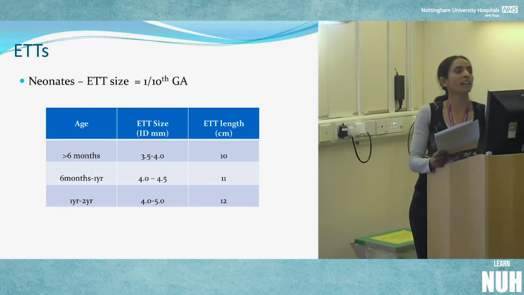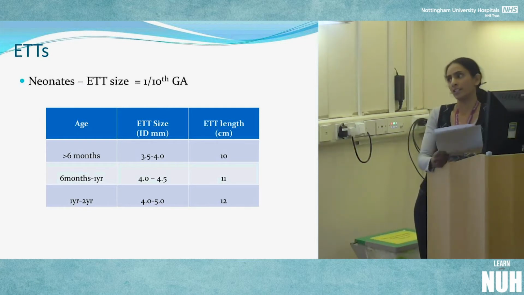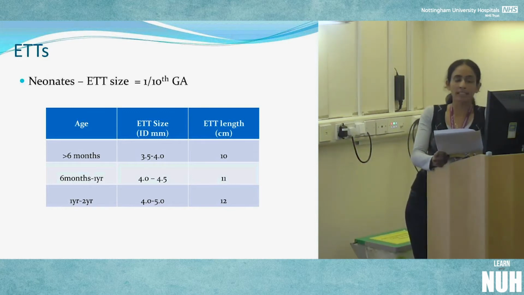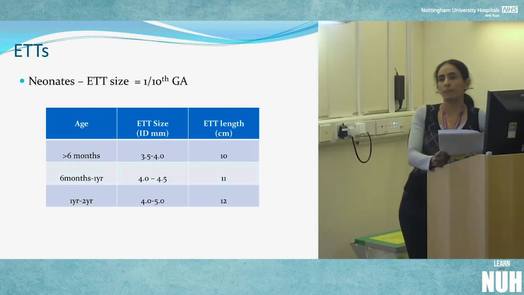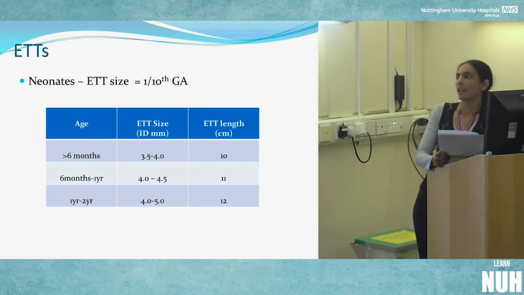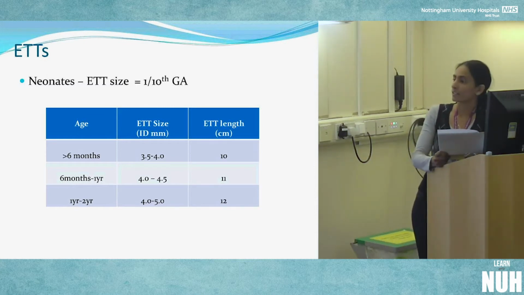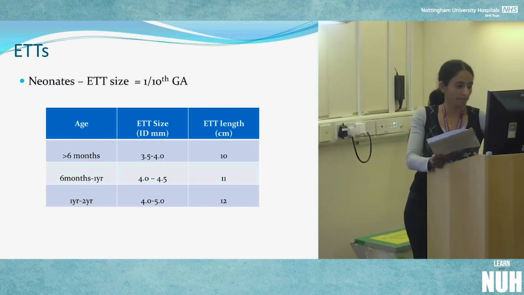John's going to talk about sizing ET tubes for older kids as well, but this is for just the littler ones. The one on top which says neonates, for the ex-prem neonates, is roughly about a tenth of their gestational age, and the rest of the sizes are as you can see.